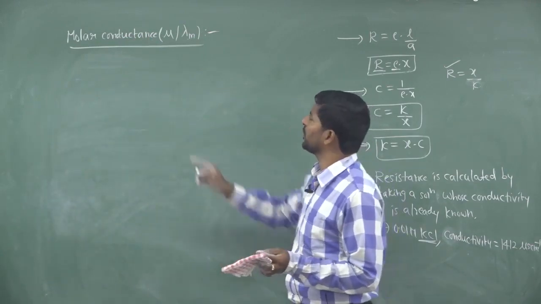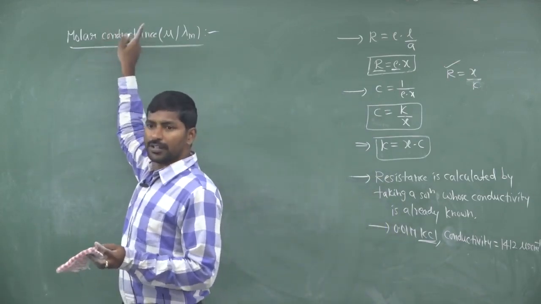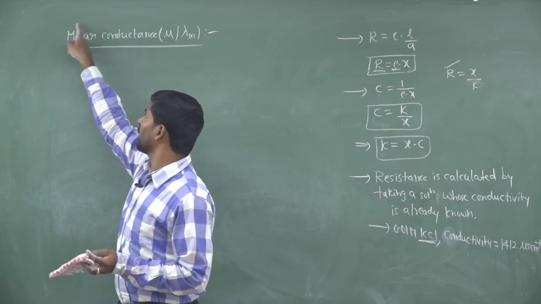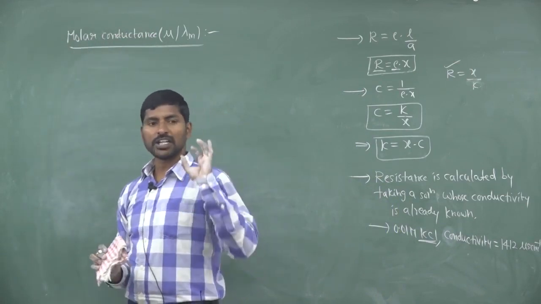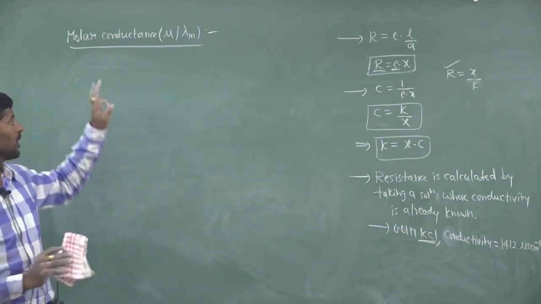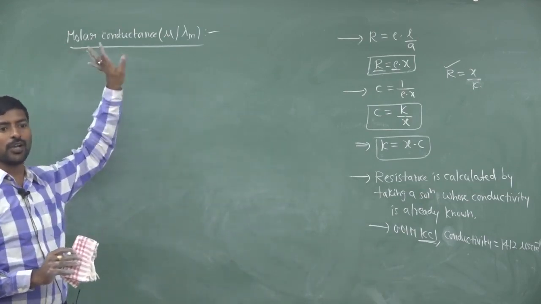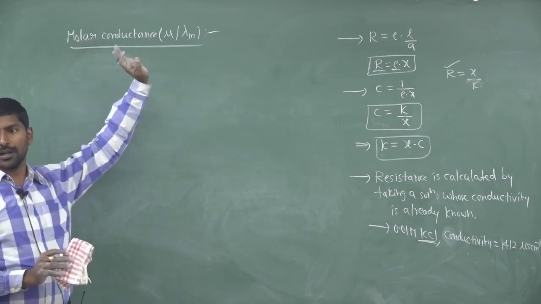The name itself indicates it is the conductance of a given solution containing how much amount of substance? 1 mole of substance. Whatever may be the volume of solution, it has to contain 1 mole of electrolyte. Then the conductance shown is called molar conductance.